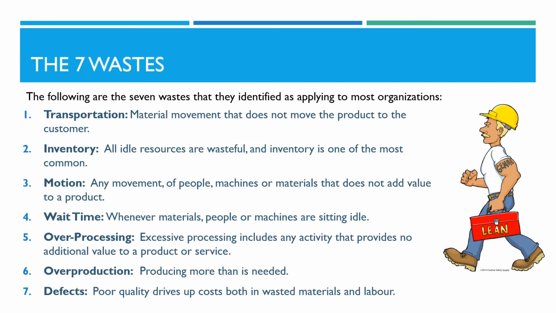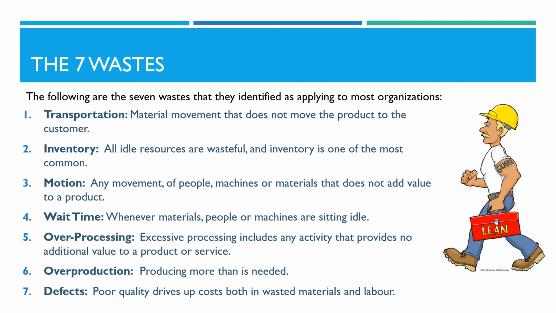The following are the 7 wastes that they identified in lean methodology, as applying to most organizations: transportation, material movement that does not move the products to the customer. Inventory, all idle resources are wasteful, and inventory is one of the most common. Motion, any movement of people, machines or materials that does not add value to a product.